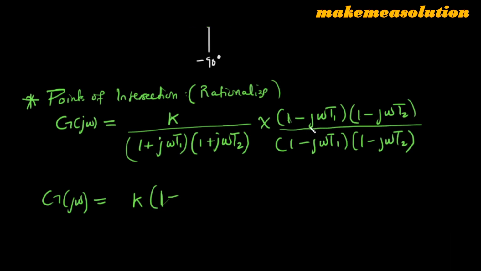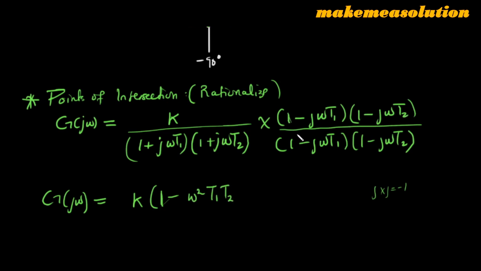The next one I'll do is this times this: minus j omega T1 times minus j omega T2. You need to understand that j times j is minus 1. Minus times minus gives you plus, minus j times j gives you minus 1, omega times omega gives omega square, and T1 times T2 gives T1 T2.